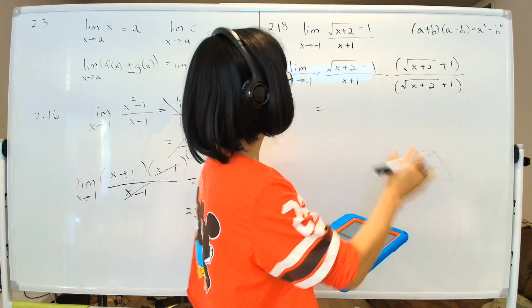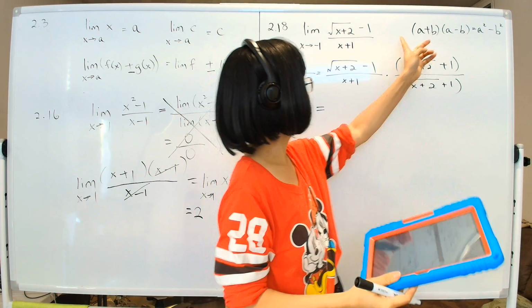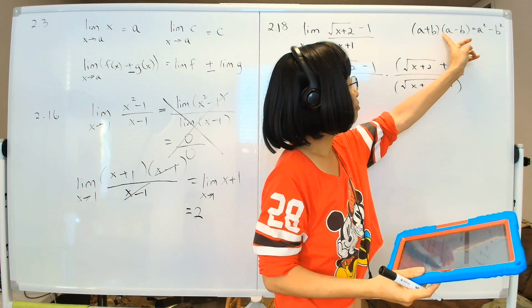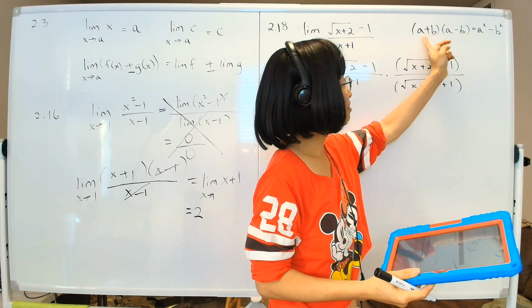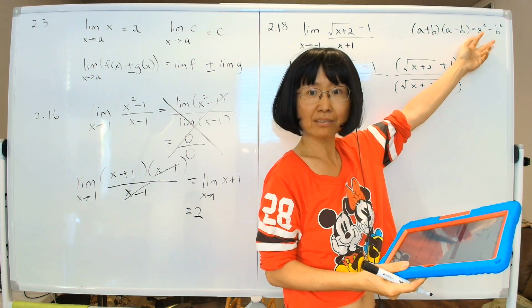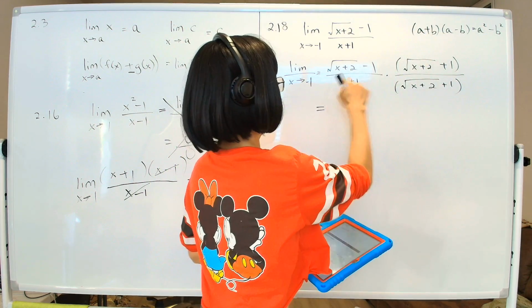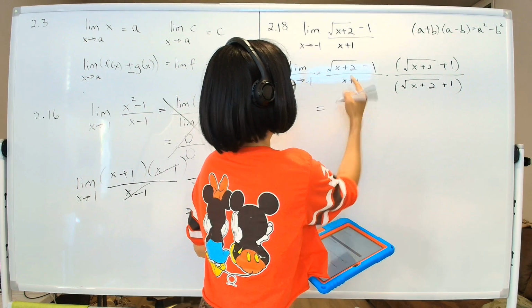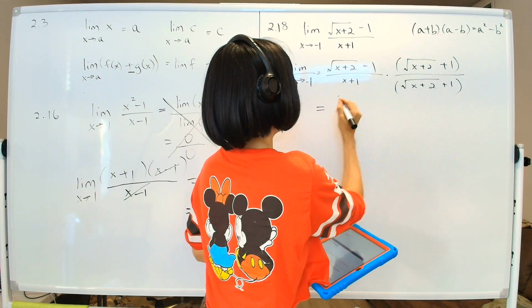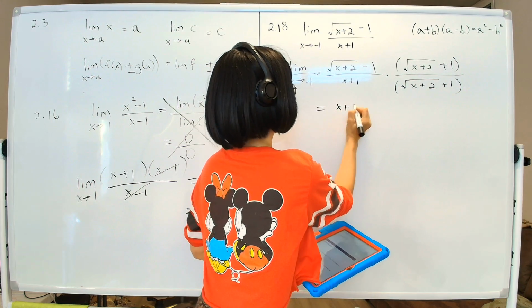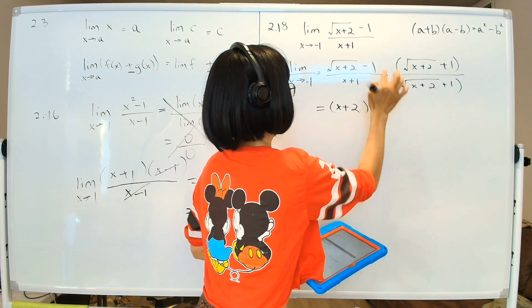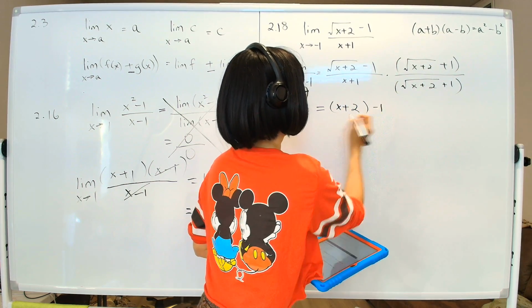So let's follow this formula. Remember, an object multiplied by the minus of something like this will end up being the difference of squares. So we'll follow that formula and write this down. This is a, so a squared is just x plus 2, and then the 1 becomes a minus 1.